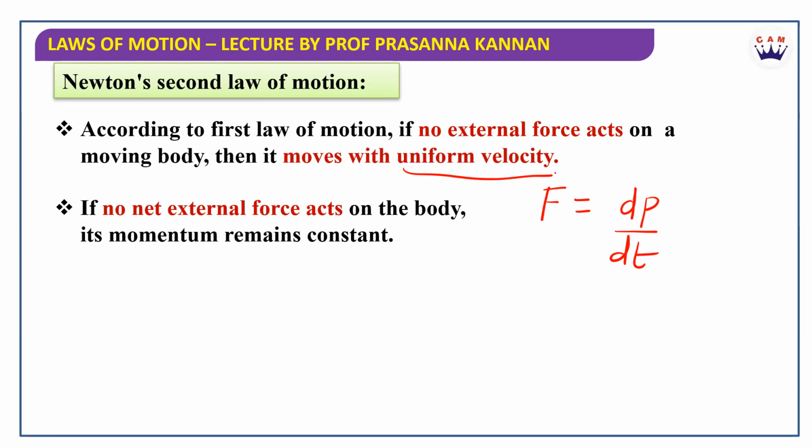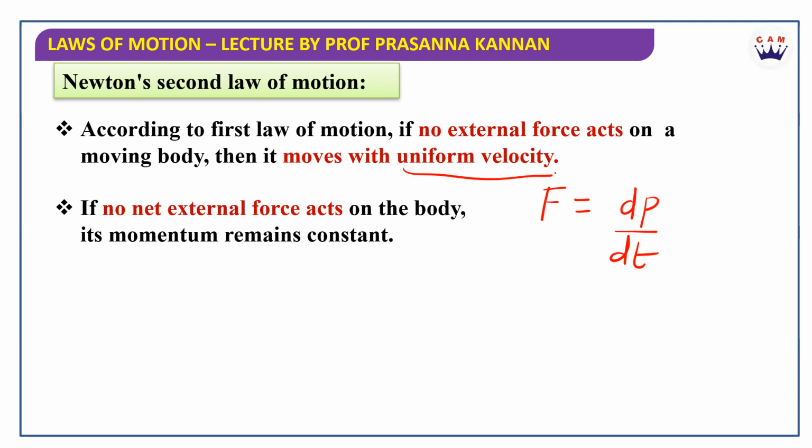Momentum is constant. Momentum is equal to mass into velocity. Velocity is constant means momentum is also constant.